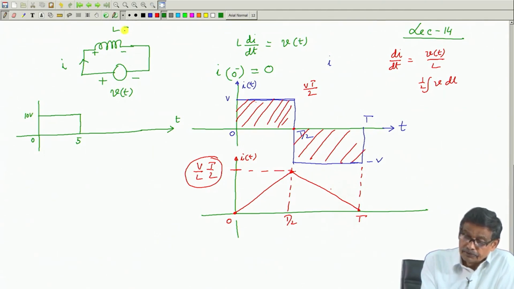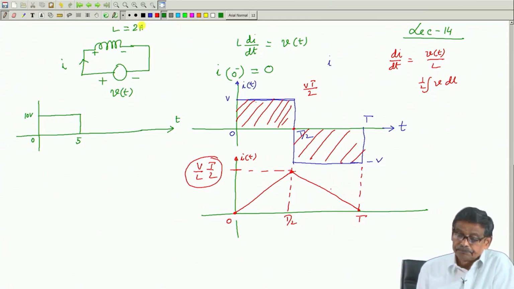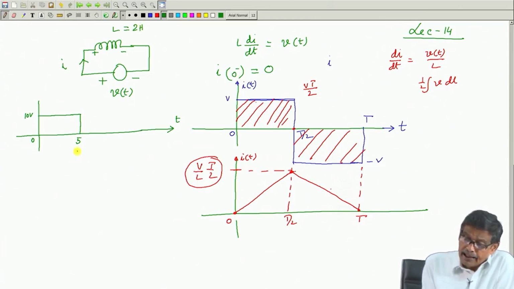L is equal to say 2 Henry, okay. And in this negative half I will apply a voltage of minus 5 volt. This is 5 seconds, mind you.